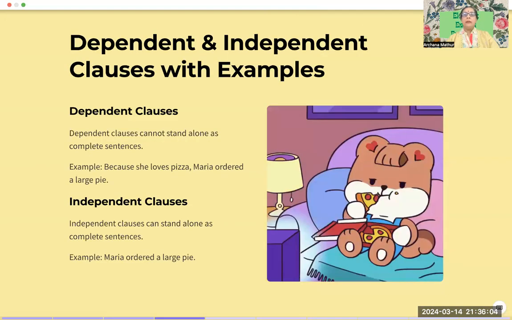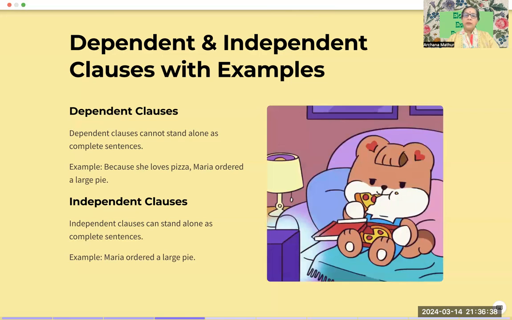Dependent and independent clauses we'll discuss with examples. A dependent clause cannot stand alone as a complete sentence. For example, because she loves pizza, Maria ordered a large pie. In this complete statement, if I take the first half, because she loves pizza, she loves pizza is a clause. She is my subject, loves is the verb and pizza is the object.